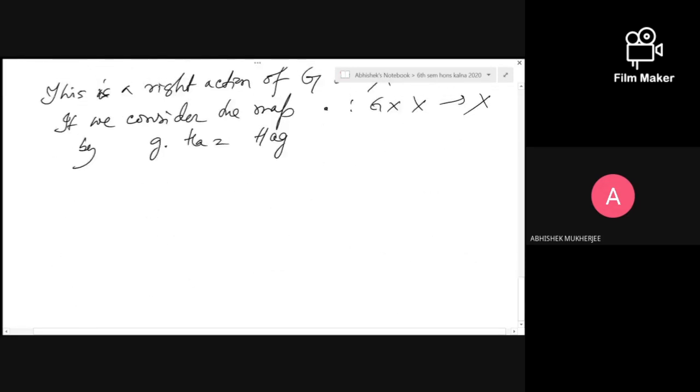Then what will happen? Let us check: g1 g2 dot Ha will be Ha g1 g2, and with associativity it is H a g1 g2.